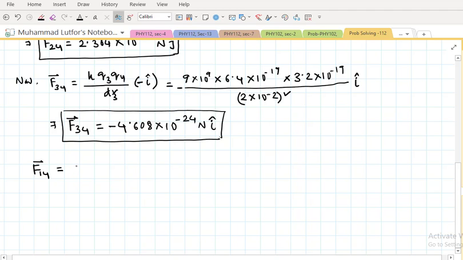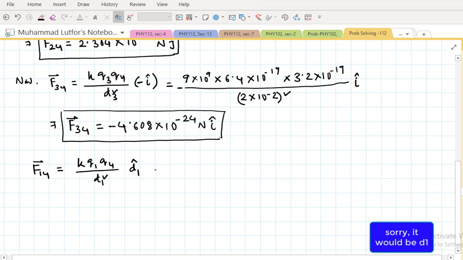What will that be? This is going to be k Q1 Q4 divided by D1 square into the D1 unit vector. And the D1 unit vector we can find out as the vector D divided by the magnitude of vector D. Now what will be the vector D?